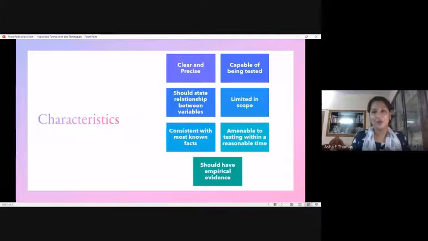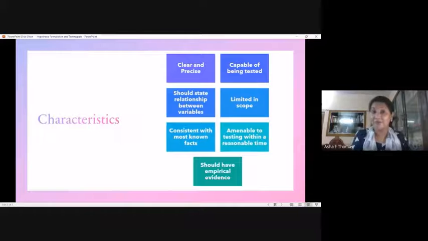It should be capable of being tested, and it should be possible to arrive at a conclusion within a stipulated time. So these are the general features which you have to remember when we go with setting a hypothesis.